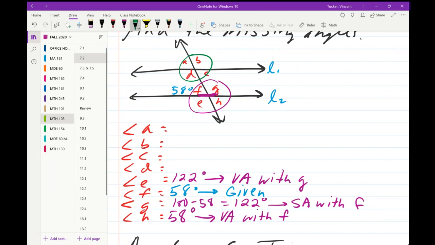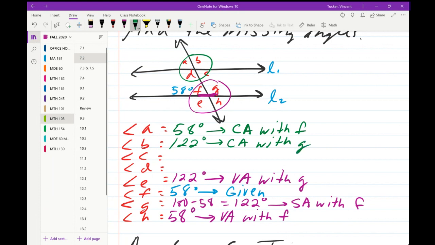So if I want to start off with A, I know A is 58 degrees because it's a corresponding angle with F. In other words, it equals F. Same thing with B. Now I could use the fact that it's a straight angle with A, or I could use alternate exterior angles, but I'm just going to use the fact that it's a corresponding angle with G.